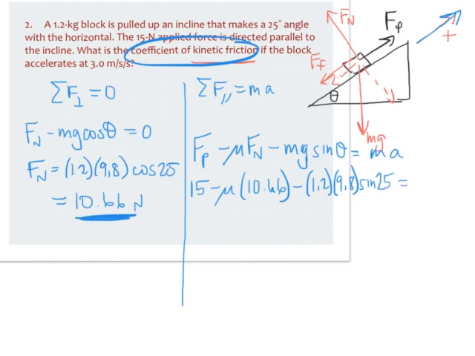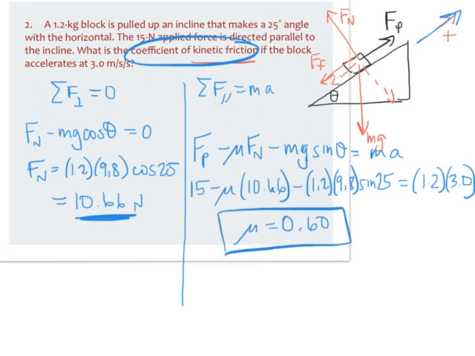Okay, that's everything from the picture, so that's on the left side of my setup. And on the right side of my setup, I know the mass, and this time I do know the acceleration is 3. And so I would work through some algebra. In most cases, mu is going to end up being a positive decimal value between 0 and 1. And in this case, mu ends up being 0.60.